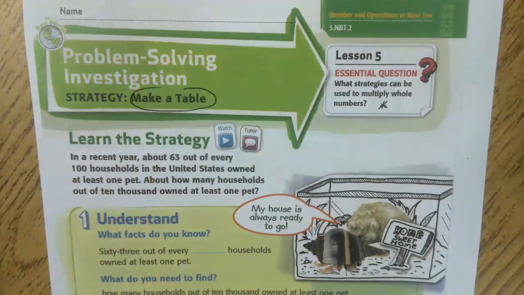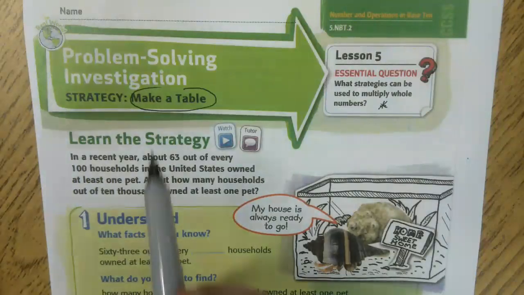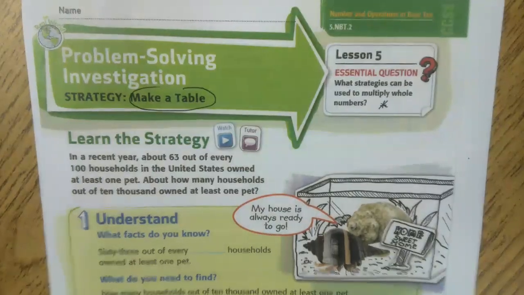So we will be using the 4-step plan today, and I'll review each step as we go through it. In that first investigation, we focused on not only learning the 4-step plan, but working backward. Today we'll be using the 4-step plan, and then we will be focusing on making a table.